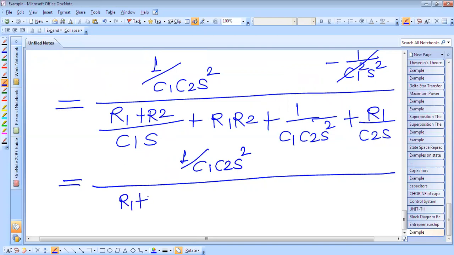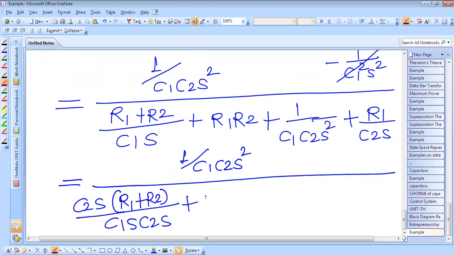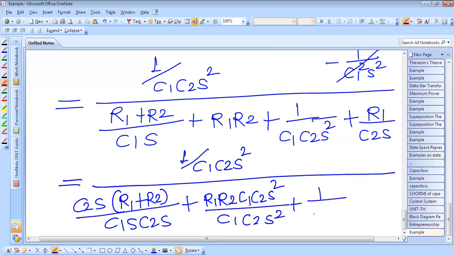So R1 plus R2, this is C2S, and this is divided by C1S C2S plus again R1 R2 C1 C2 S square by C1 C2 S square plus 1 over C1 C2 S square plus R1 C1S divided by C1 C2 S square.